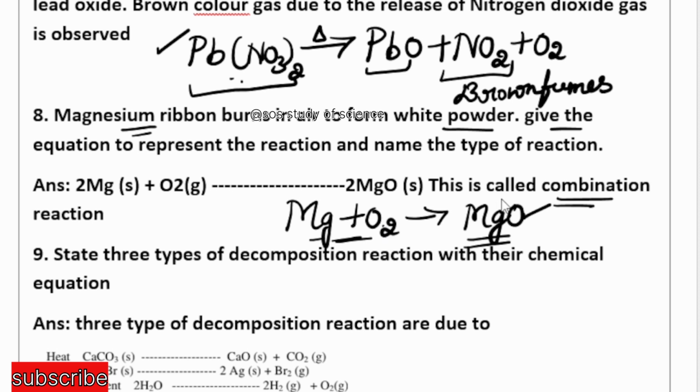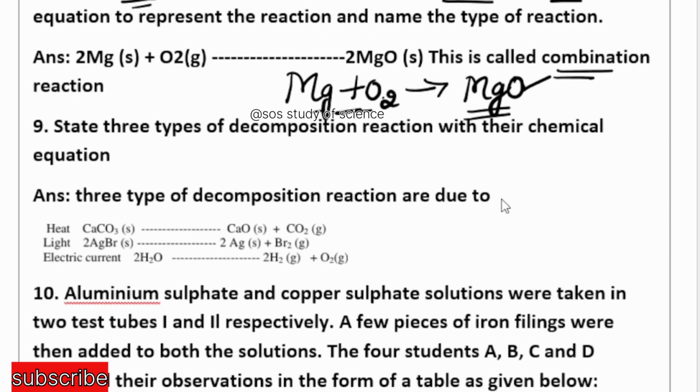Okay. Moving to the next question, my dear students, you can observe the 9th question. The 9th question is, state 3 types of decomposition reaction with their chemical equation. Very important. Which are the 3 types of decomposition reaction, my dear students? The first is thermal decomposition. The second one is electrolytic decomposition.